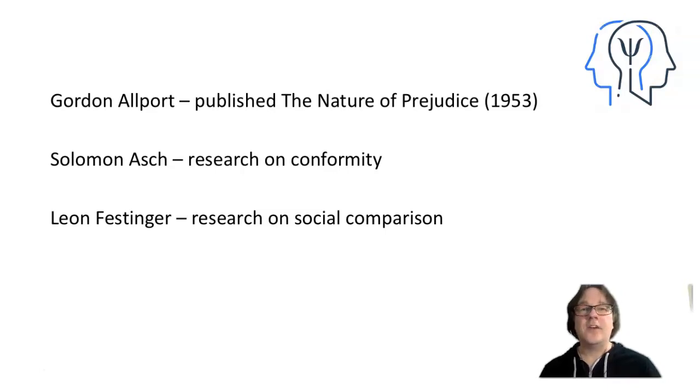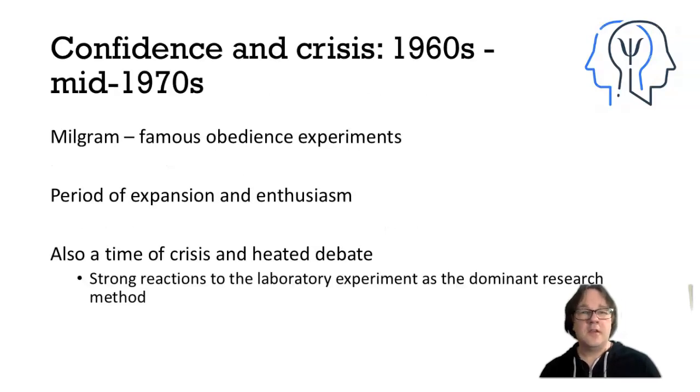So he had very significant and very interesting research on conformity. And Leon Festinger, this was his research on social comparison, is germane to this era. Festinger also did research on cognitive dissonance, which we'll also examine during this semester.